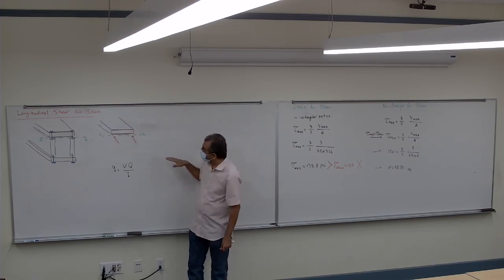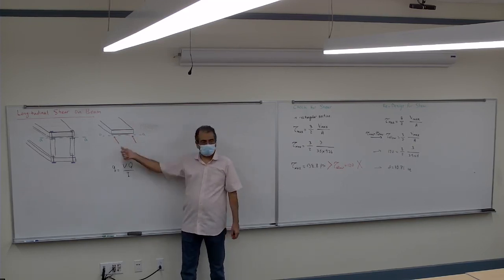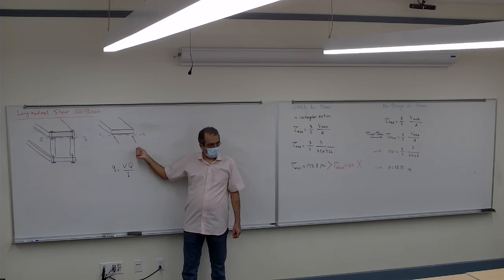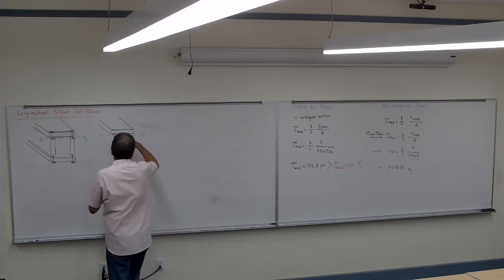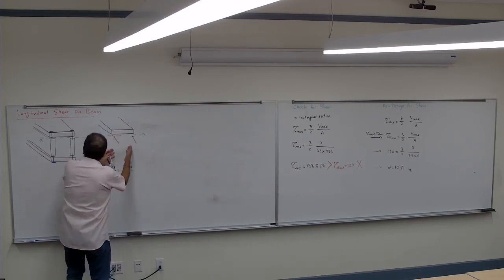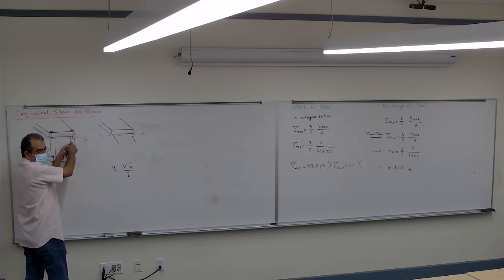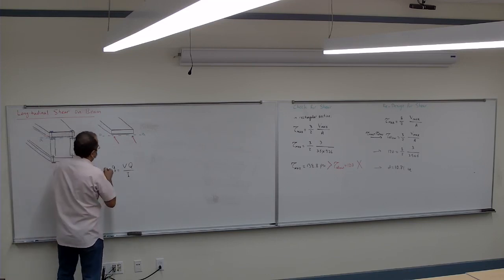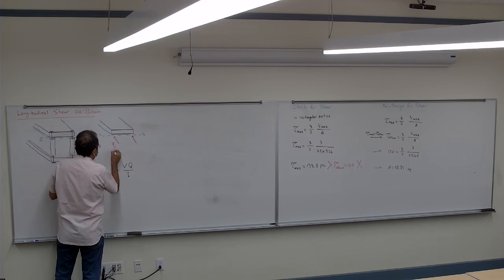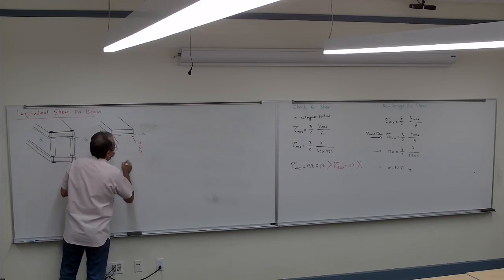So that is the total force on the AA. So how much is going to be each of them? Half of it. The total Q on the AA is this, but half of it goes to this nail, half of it goes to that nail. So each is half of the Q.